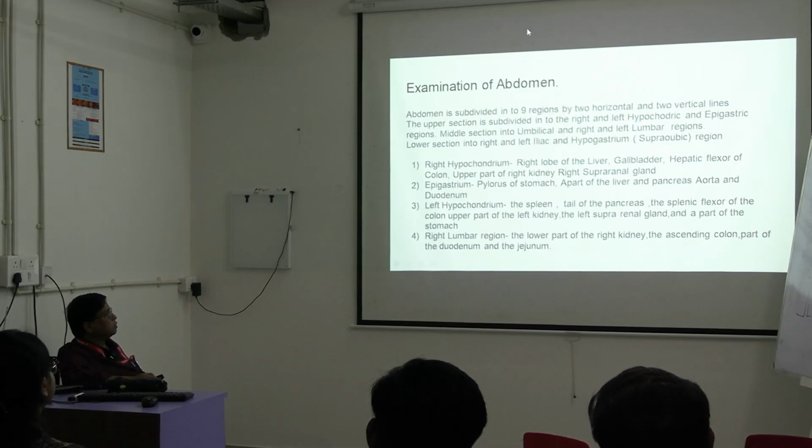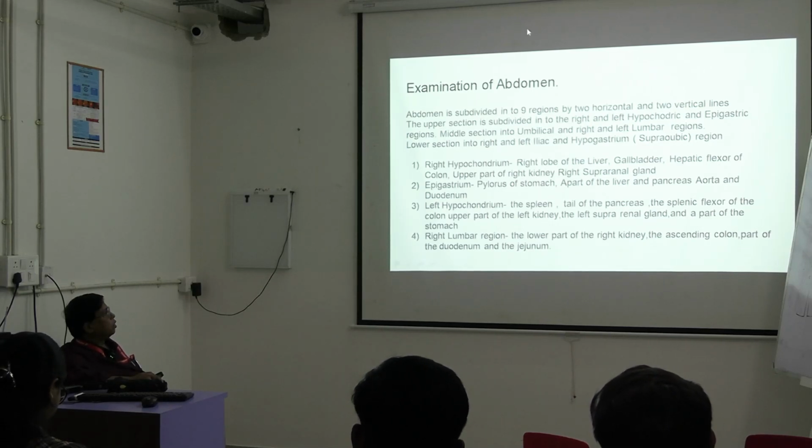But remember these things. It is important for clinical purposes that the abdomen is subdivided into 9 regions. You know that: 2 horizontal and 2 vertical lines.